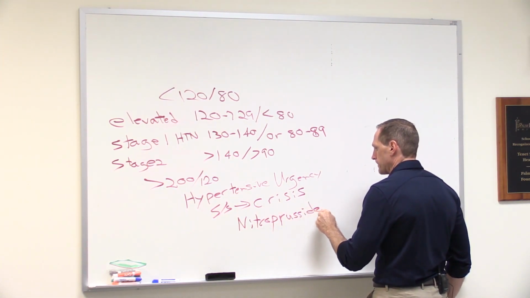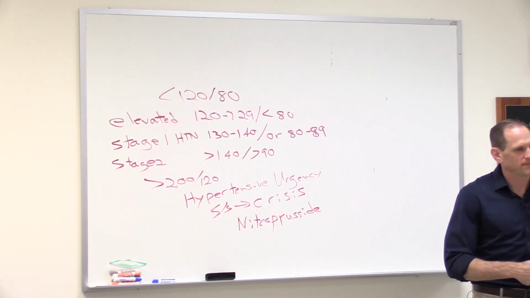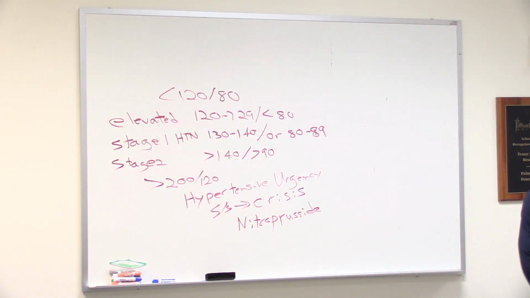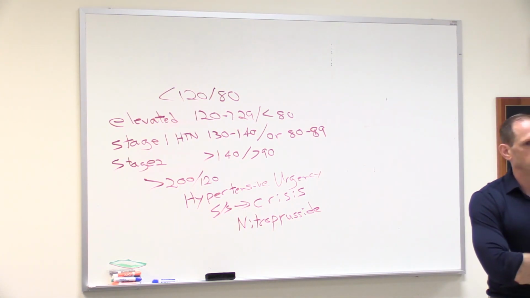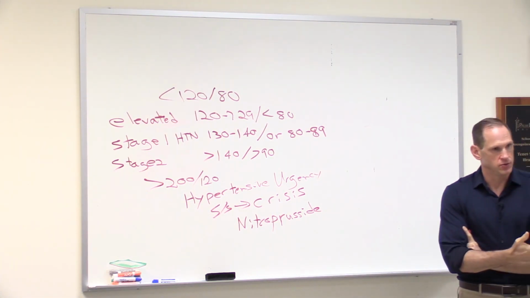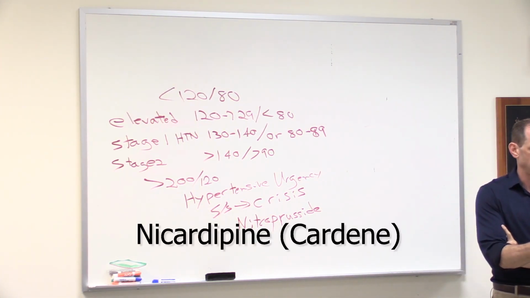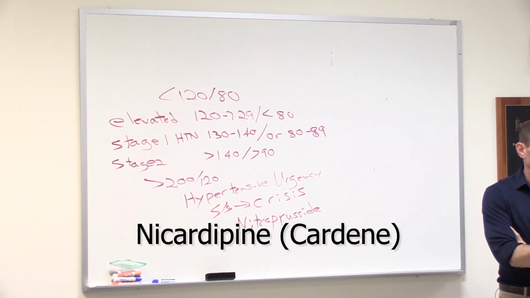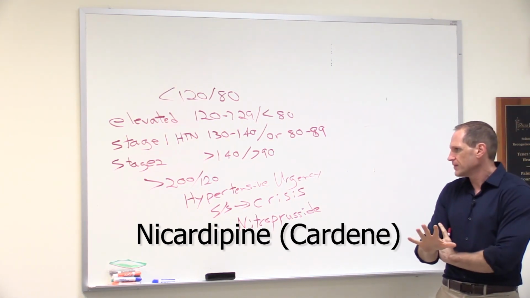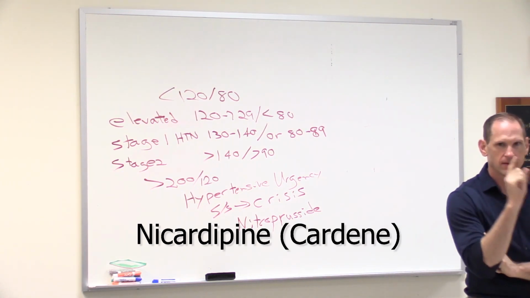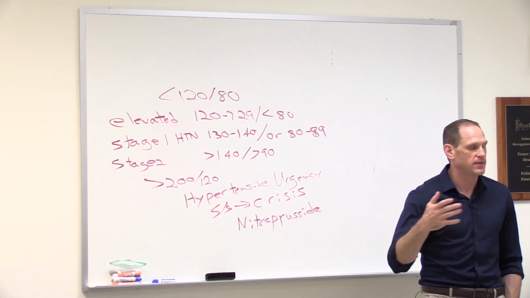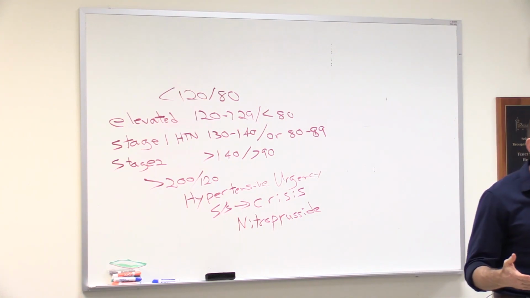Even though it's an old drug, we still use it? Well, it's not used as often as it used to be. The newer thing to use, we're going to go over this drug name a little bit later, so we're not going to mention it so much now. Actually, no, I need to tell you what it is now. Nitroprusside is a very old drug that is used to treat hypertensive crisis.